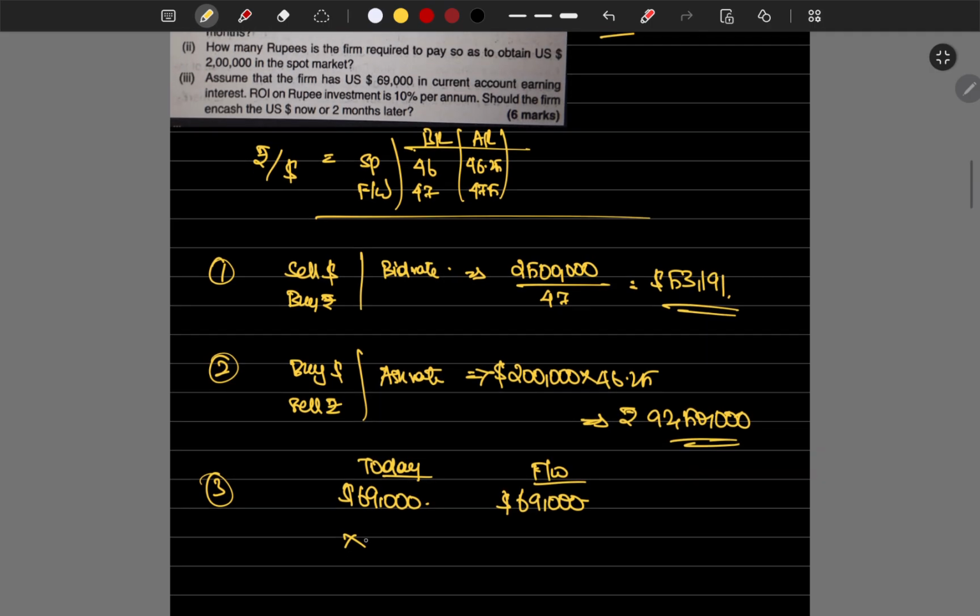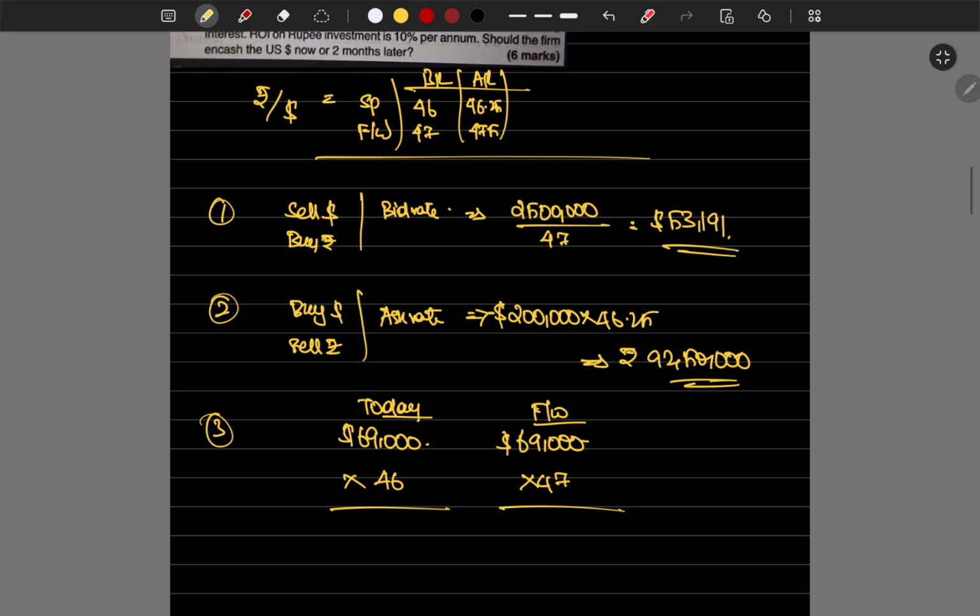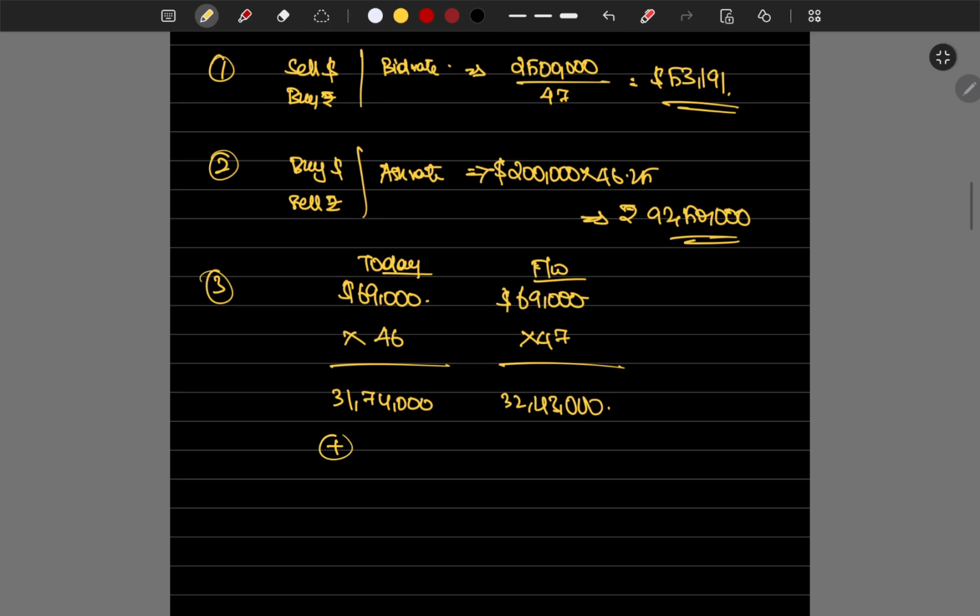What's the bid rate today? Today's bid rate is 46. 69,000 into 46, which is 31 lakh 74,000. 69,000 into 47, which is 32 lakh 43,000.